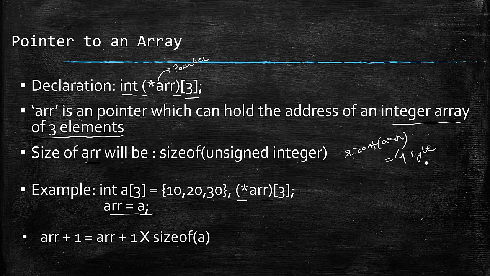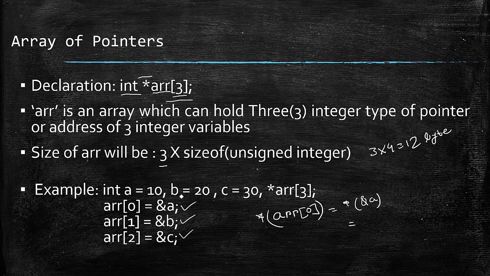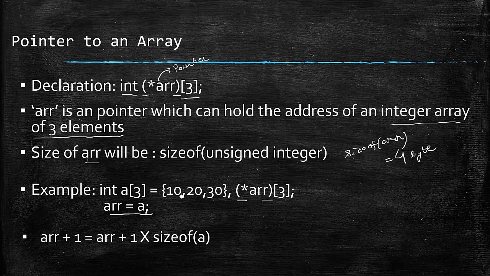In the previous case, ARR was of 12 byte. In this case, it will be 4 byte, and for this notation, whatever the size of the array is, it will remain 4 byte.